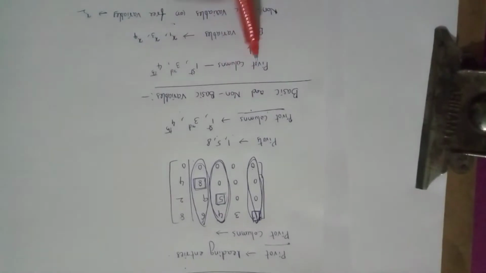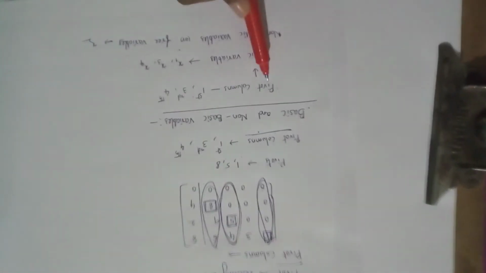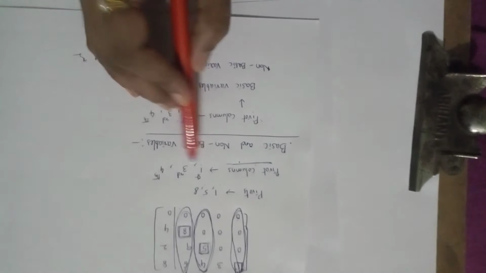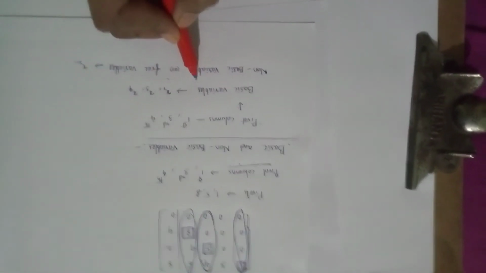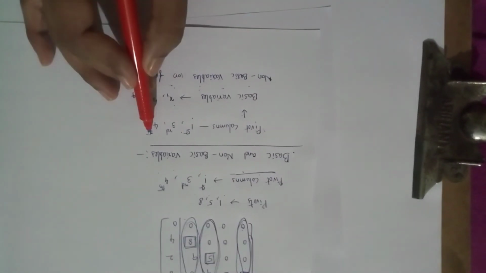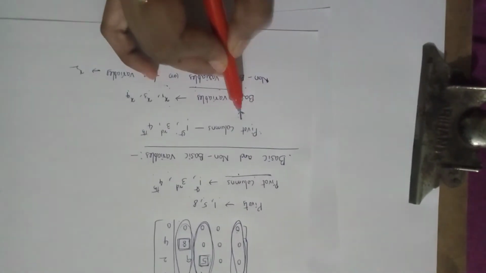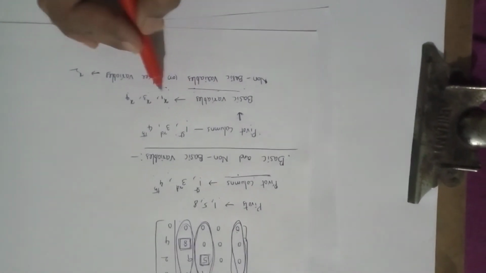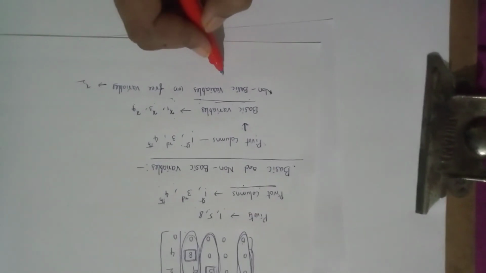And next we have to take the basic and non-basic variables. First of all, I am writing the pivot columns in the above example: first, third, fourth. Pivot columns are also called basic variables. The basic variables are the first column x1, the third x3, and the fourth x4. The remaining three are called non-basic variables.